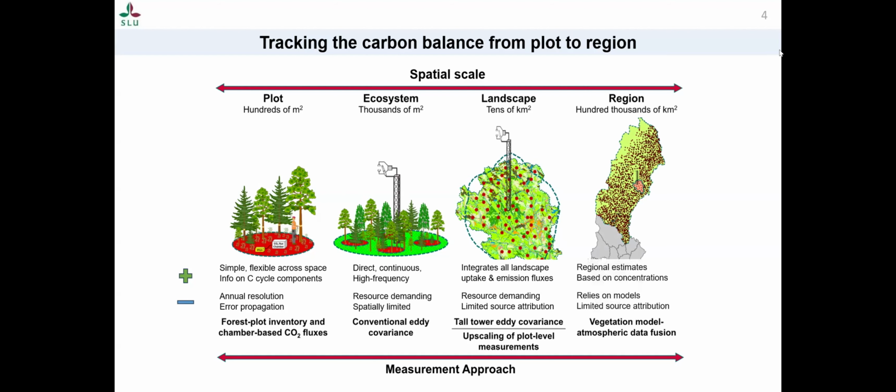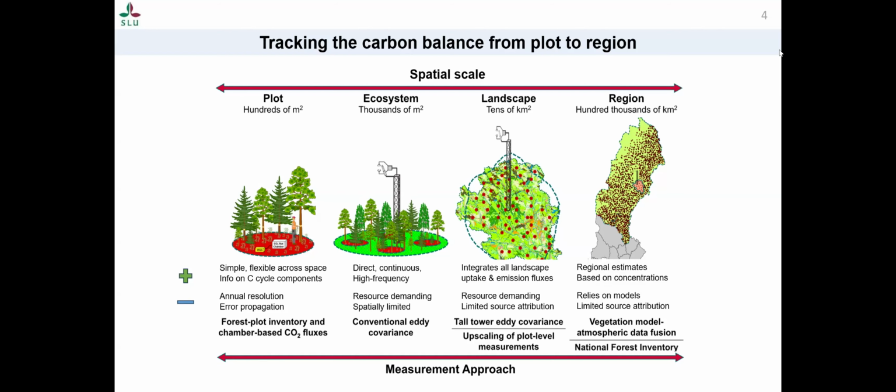That gives us a regional scale carbon balance, primarily based on concentration measurements in the atmosphere. But this method also relies, of course, on models, the atmospheric transport models and the vegetation models, and it doesn't really give detailed information on how different units in the landscape contribute to this net carbon balance estimate.